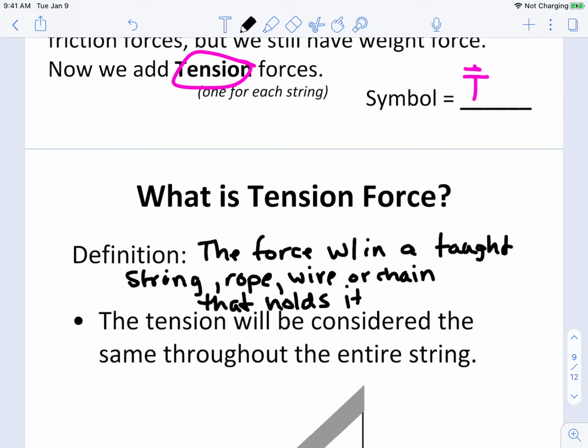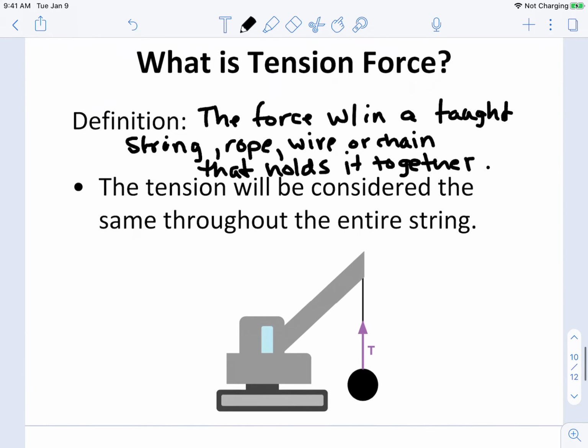By it, I mean the system together. Okay. The tension is constant throughout the string. So if I were to say that the tension on the string right there and compare it to the tension on the string right here, we would say that these two areas are the same amount of tension, meaning every part of that string or chain is experiencing the exact same force.